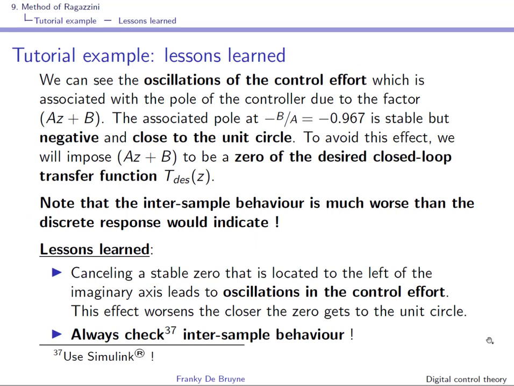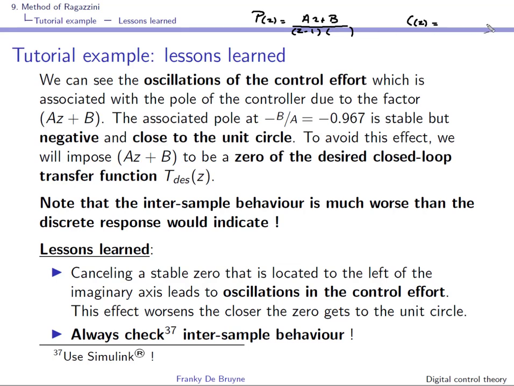We had here a process with a zero, that is Az plus B, and at the denominator we had something like this. This is z minus 1, and the other one comes from the main time constant T. And what we have done in the controller is cancel this zero.